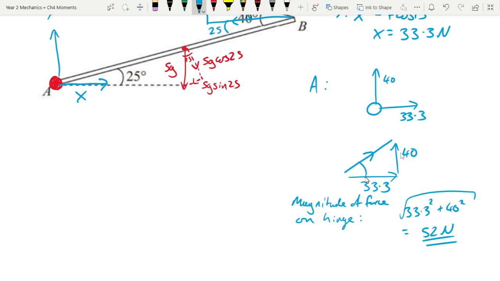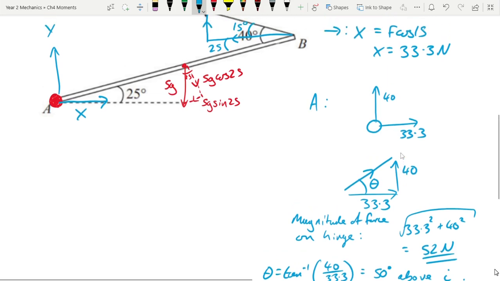As for the angle, we've done this sort of process lots of times too. The angle would be inverse tan of 40 over 33.3, which is about 50 degrees. So we could say 50 degrees above I, is probably the easiest way to say it. Okay.